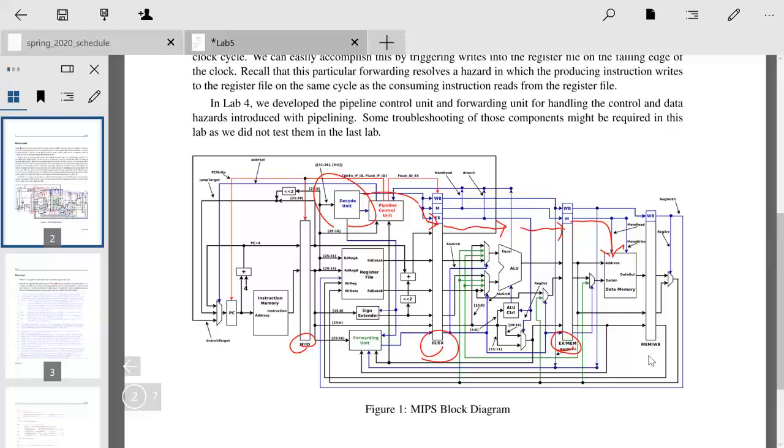Let's just say this load signal, also called mem read, would go into the EX MEM pipeline register, because that signal is consumed in the memory stage, right? So here's our memory stage. And of course, we know this is our execute stage.